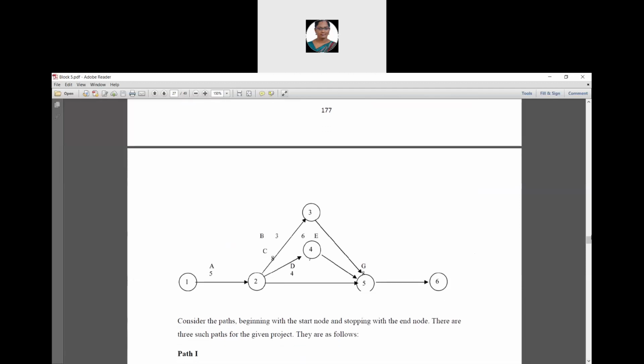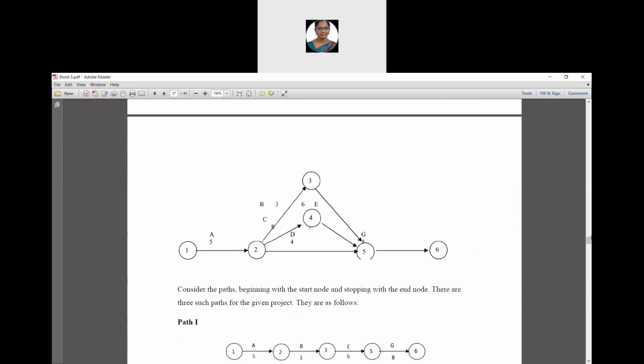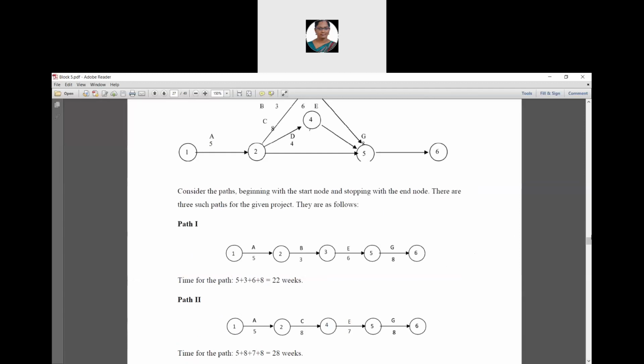So consider the paths beginning with the start node and ending with the end node. There are 3 such paths for the given project. Path 1 starts with the start node 1 and ends with the ending node 6.